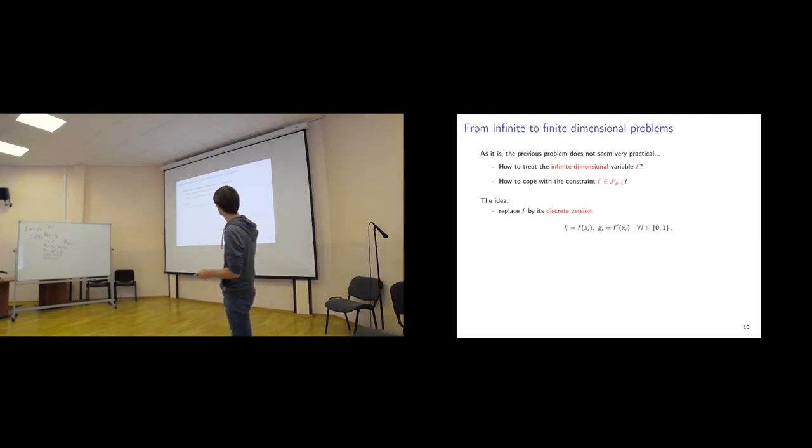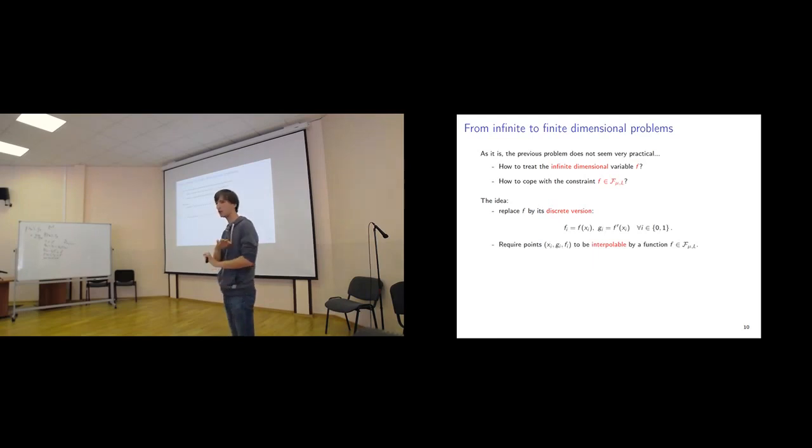So instead of playing with the function, I will play with the function discretized at the different iterates. Actually, I only need 2 points for the discrete version of the function, f0 and f1, because I'm only studying one iteration. So I discretize the function values, but I also discretize the gradients. I will also need 2 gradients as variables: the gradient at the initial iterate, and the gradient after one iteration. And so how do I take into account this constraint?